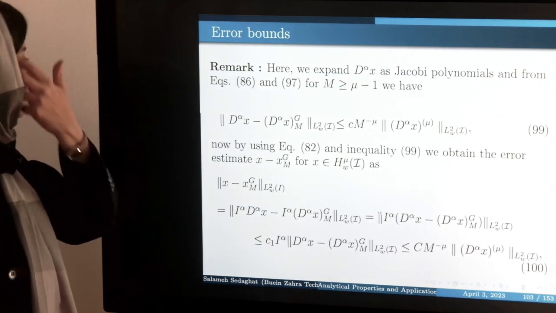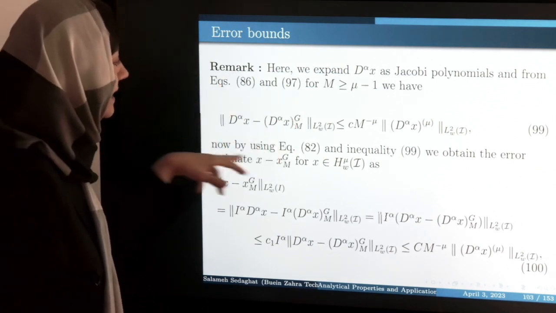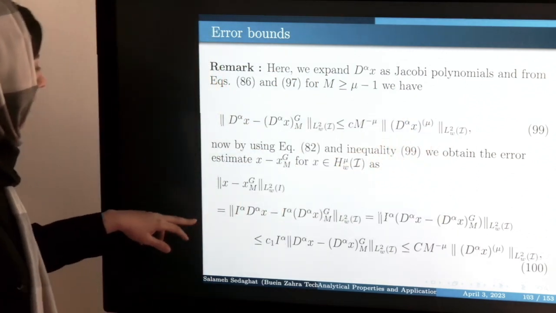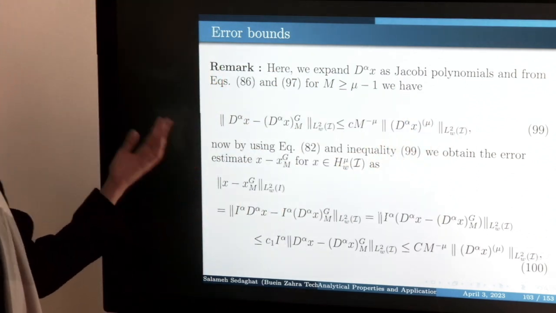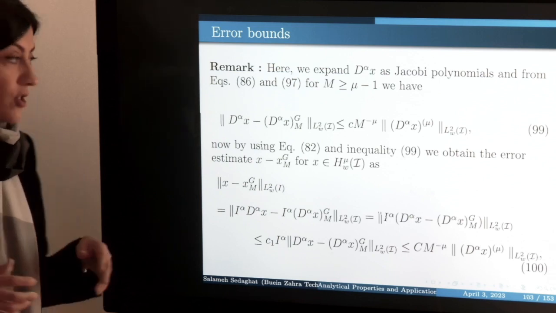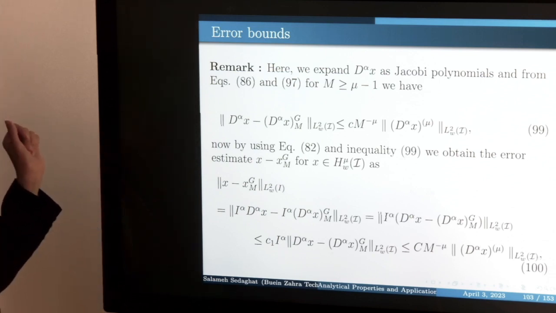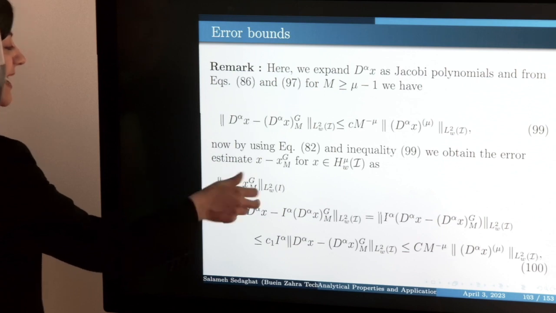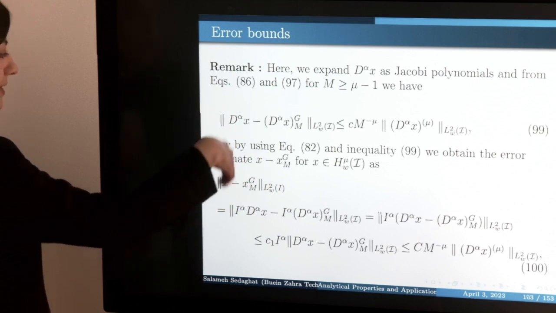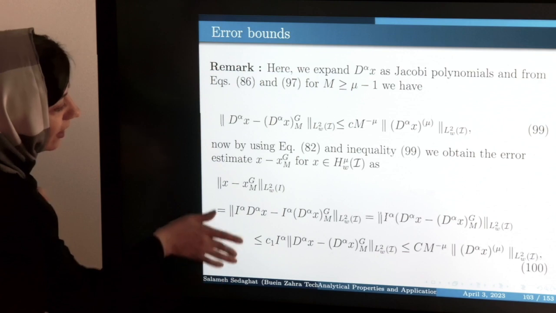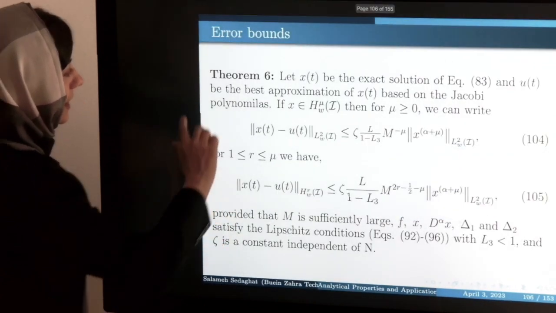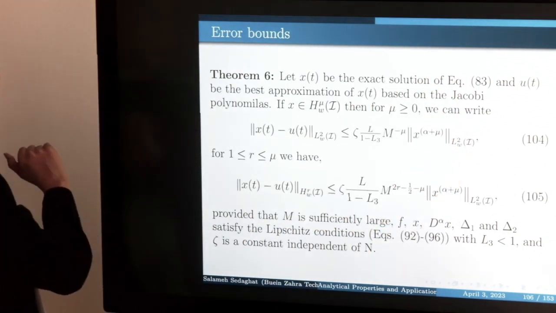So we use the last theorem for the derivative of order alpha, and we have this equation. X is the exact solution of the main equation and X_M is the approximation of X by the numerical method, and we can obtain the error bound by this theorem.